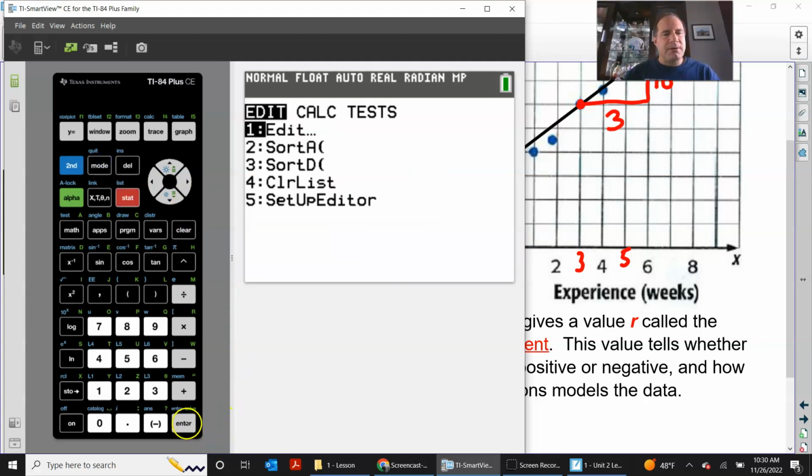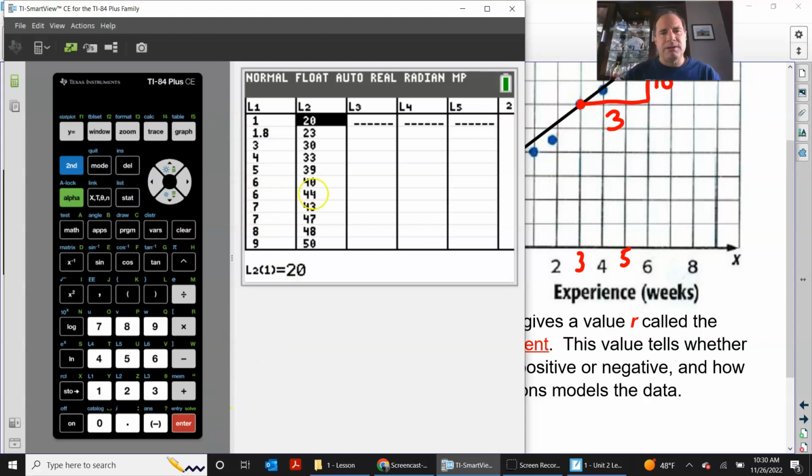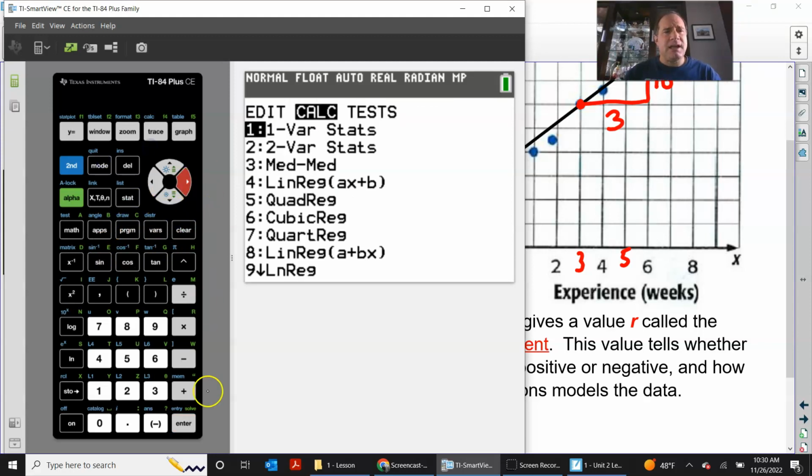Remember, we put the points into L1 and L2. That was from the scatter plot that we were actually working with. Then we press Stat, and since Diagnostics are on, you would go straight to Calc and 4.